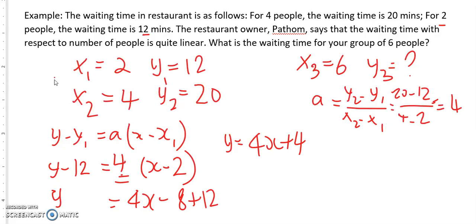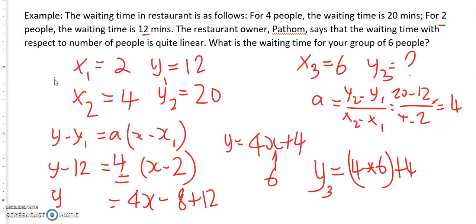Now we can find out the same thing here. You have x3, so let's substitute x3 here with 6. Therefore, y3 is equal to 4 times 6 plus 4, which is equal to 28.